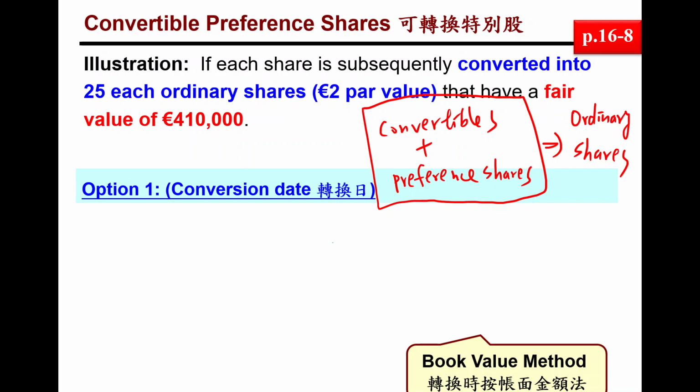Each one converts into 25 ordinary shares. What does it mean? One preference share becomes 25 ordinary shares.